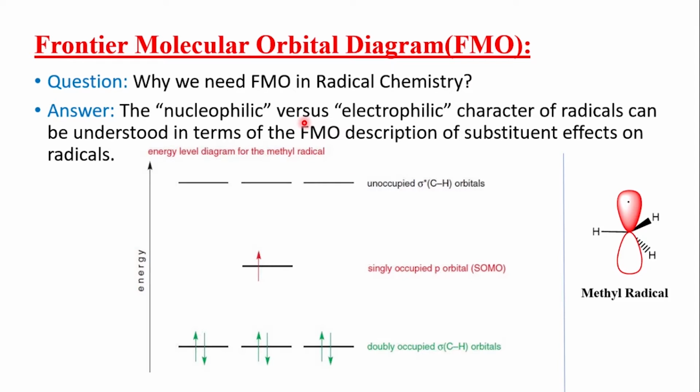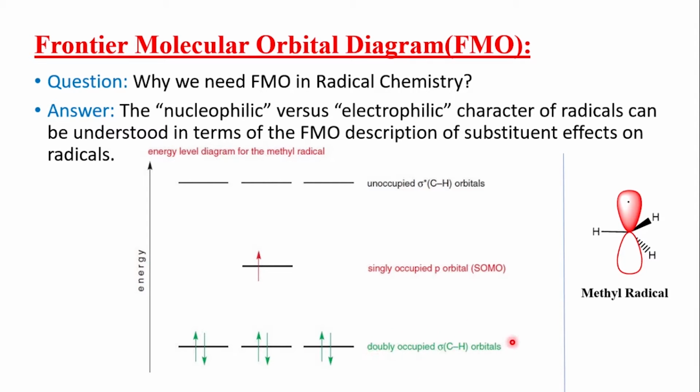So to interpret the nucleophilic or electrophilic character of a radical, it has to be understood in terms of the FMO description of substituent effects on radicals. This is the energy level diagram of methyl radical. In this, there are three CH bonds: one CH bond, two CH bond, three CH bond. These three sigma bonds make six electrons, doubly occupied.